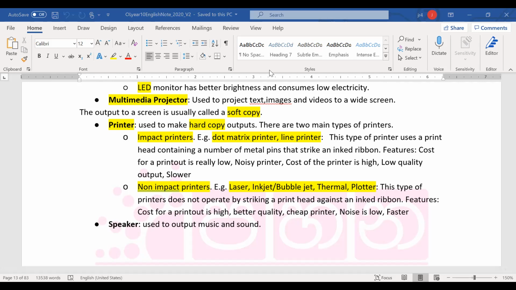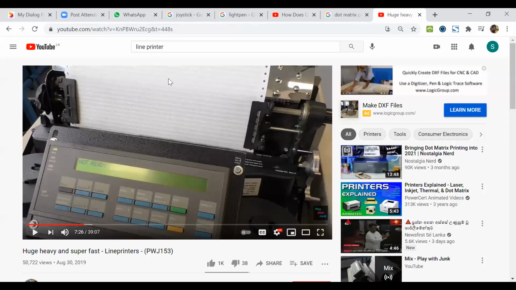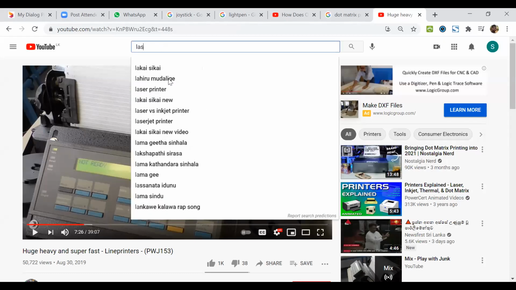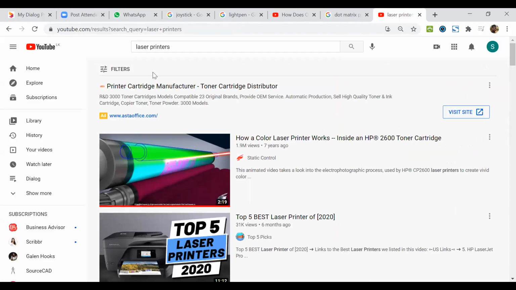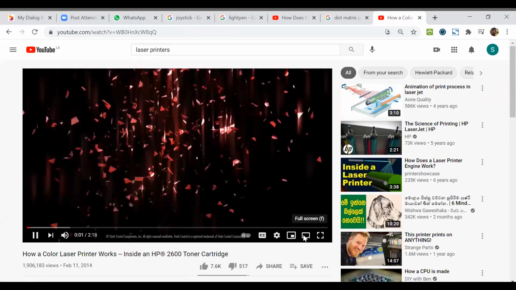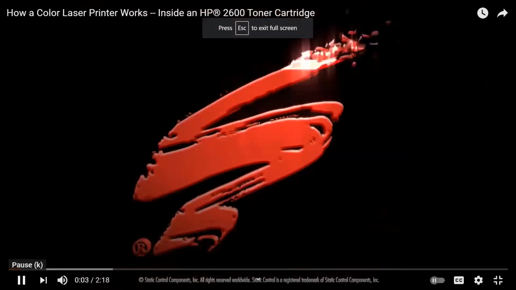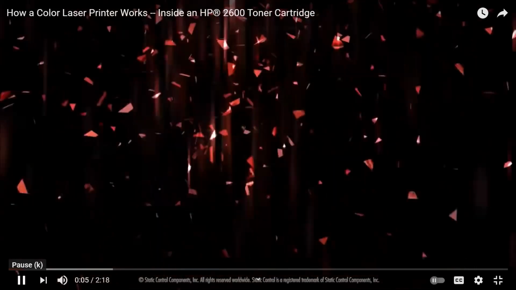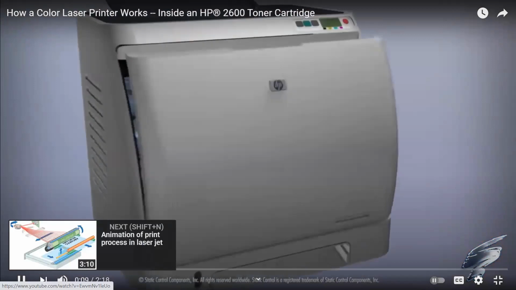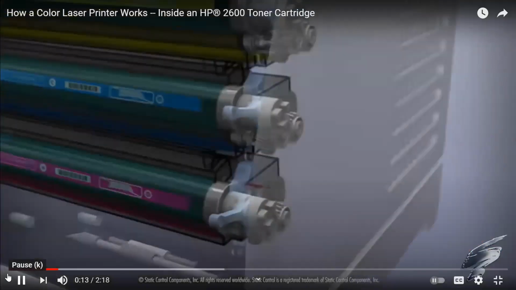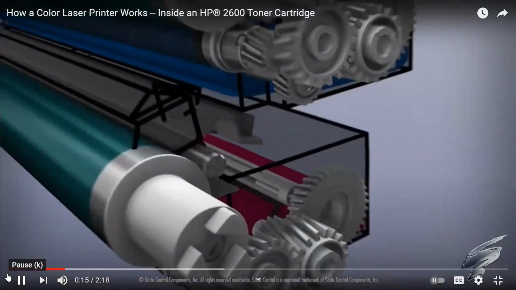So let's first start with the laser printers. So in latest printers, what will happen? There'll be a drum, and this drum is actually used to attract the particles. To fully understand how technically complex color printing is, take a look at the electrophotographic process.